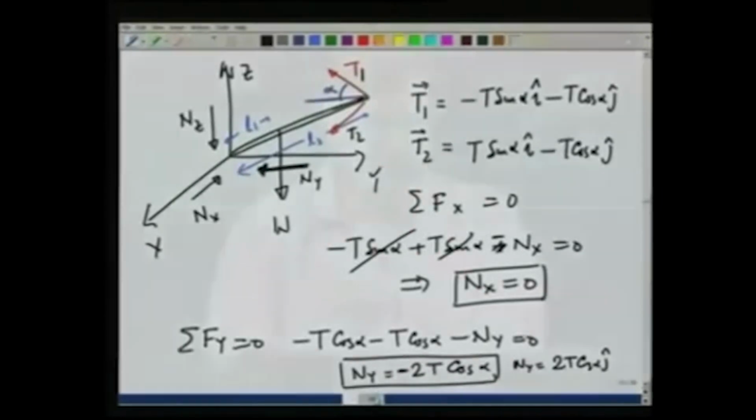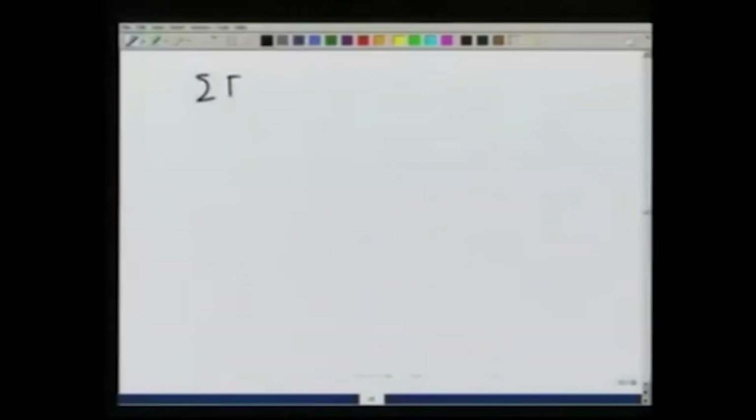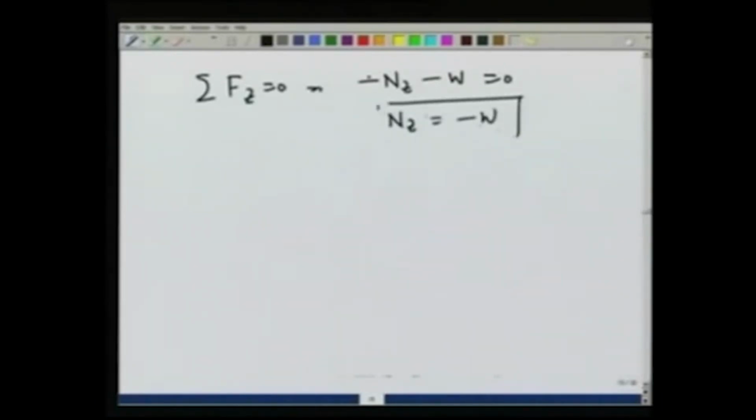The third condition, the summation Fz is equal to 0 gives minus Nz minus W is equal to 0 or Nz is equal to minus W, again showing that Nz is equal to W and in the direction opposite to what has been shown, and therefore, Nz is equal to W times k.